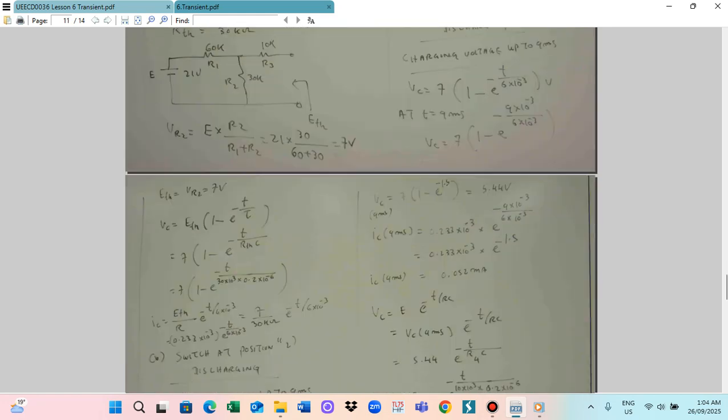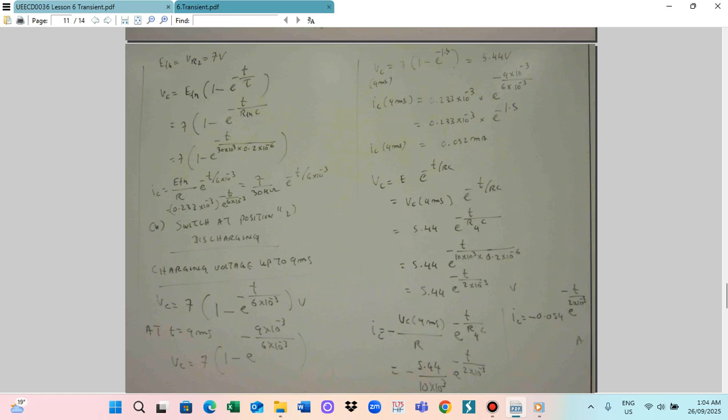Why do we need the Thevenin equivalent circuit? The previous problem is simple: you got only one resistor and one capacitor in series, so you directly substitute. But here the resistors are complicated because there are three resistors, R1, R2, R3. When the switch is in this position, you have to find the equivalent resistance.